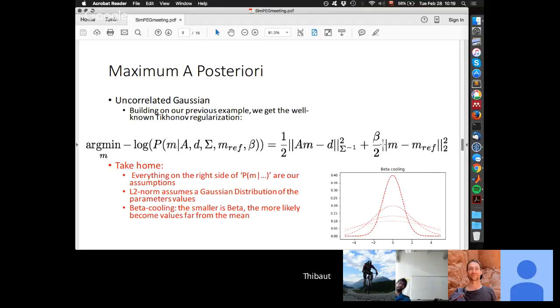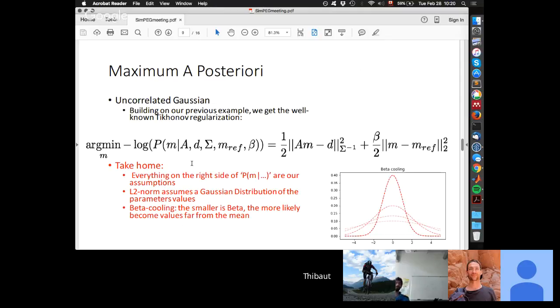So assuming this, from the probability we got back the Tikhonov regularization. For me it was very nice to develop that, because it makes very clear all the assumptions you're making with this formulation. You assume that your noise, even if it's correlated, is going to be Gaussian.